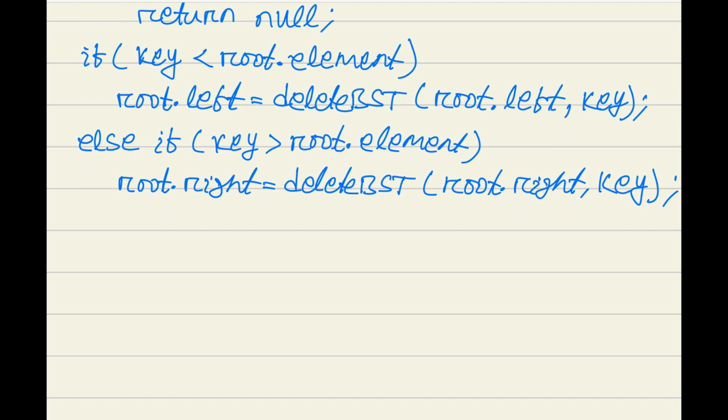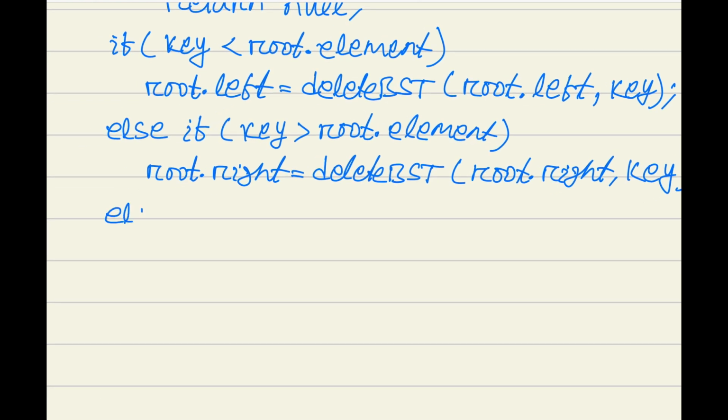Now if the node has only one child, if we want to delete a node that has one child, for that we can check else if root dot left equal to null. That means no left child is there, only right child is there.